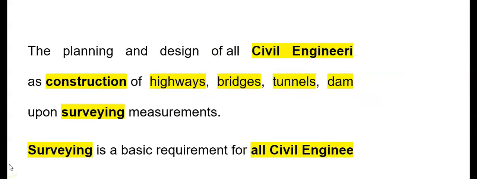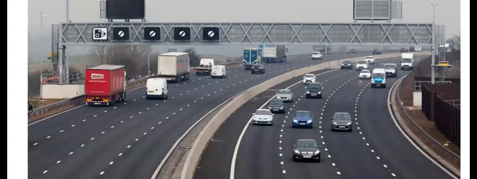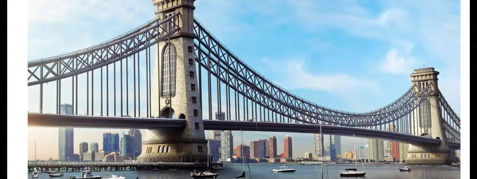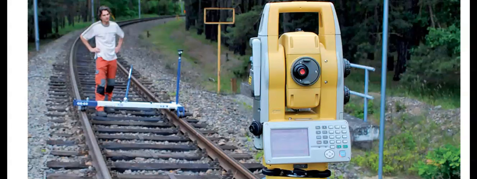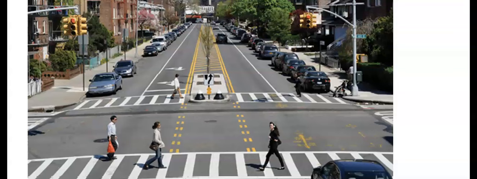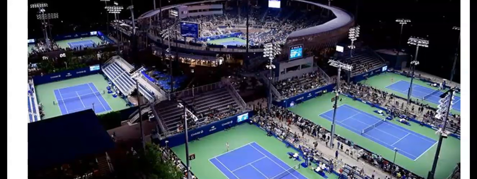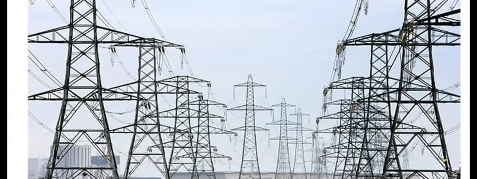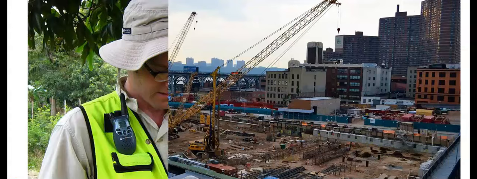In the planning and design of all civil engineering projects, surveying is a basic requirement, such as in highway construction, bridge construction, tunneling, dam construction, airport construction, in the construction of railway tracks, for street lane markings, in stadium construction, tennis court construction, power transmission using pylon, in water, oil, gas transmission and distribution, for building construction, and many more.